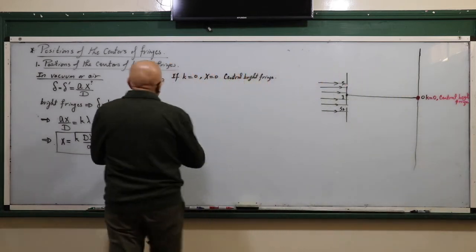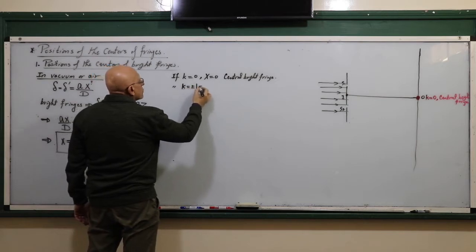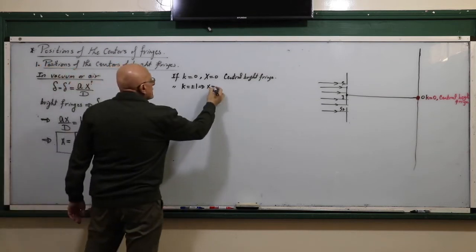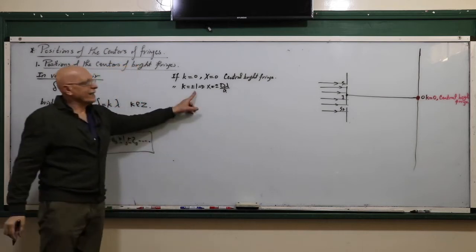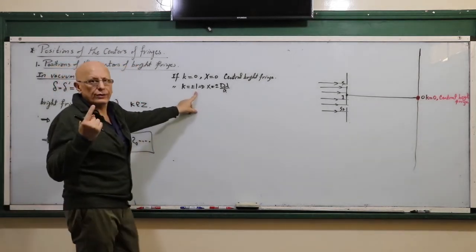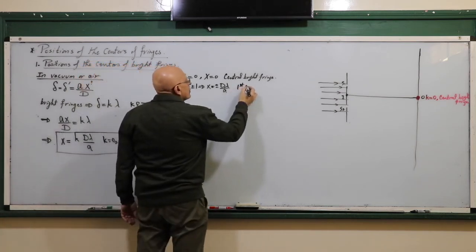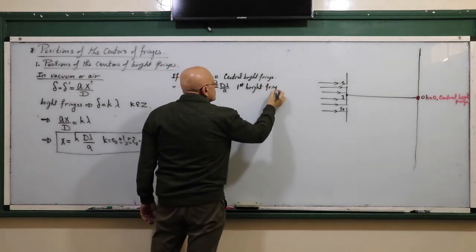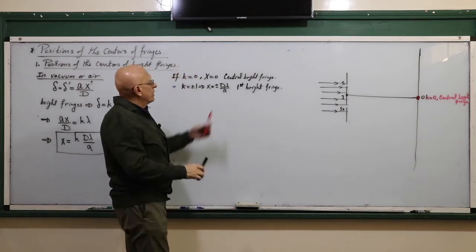If we take k equal plus or minus 1, this implies X equal plus or minus D lambda over A. K equal plus or minus 1, this is the first order bright fringe. First bright fringe.